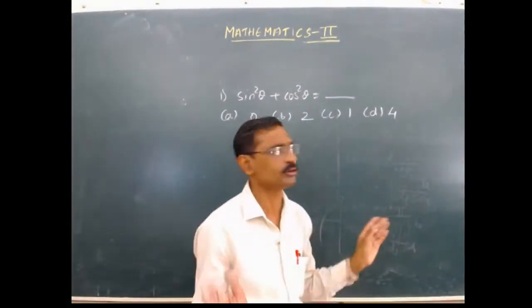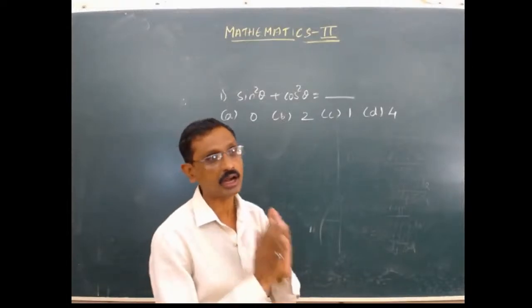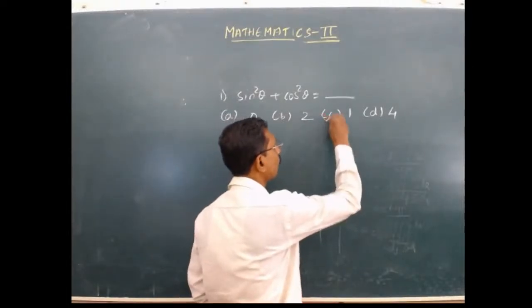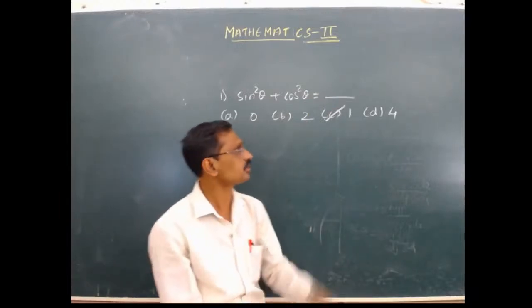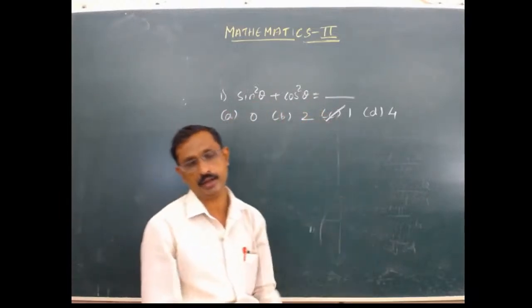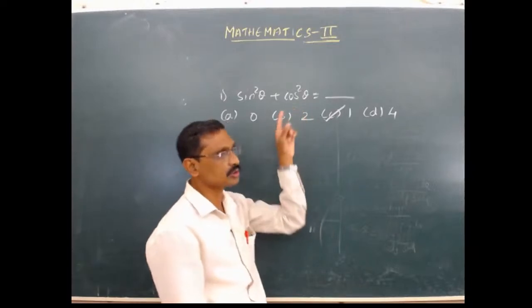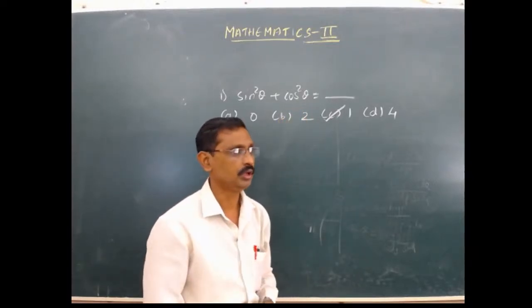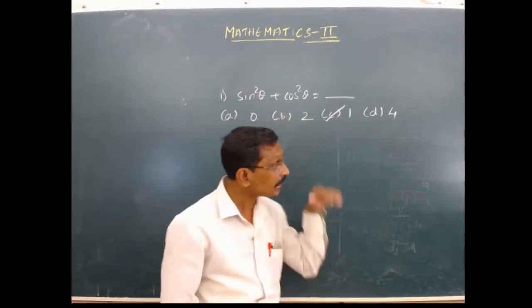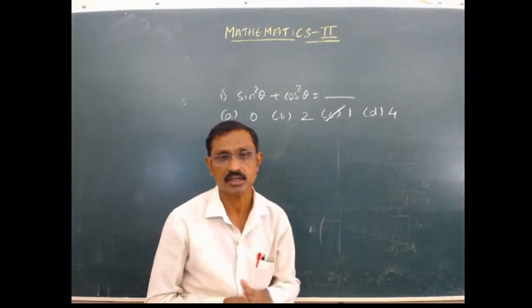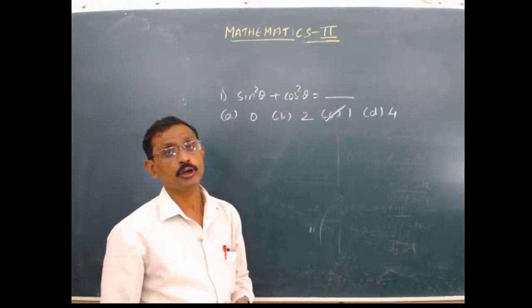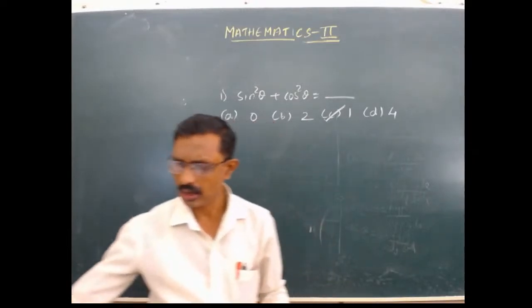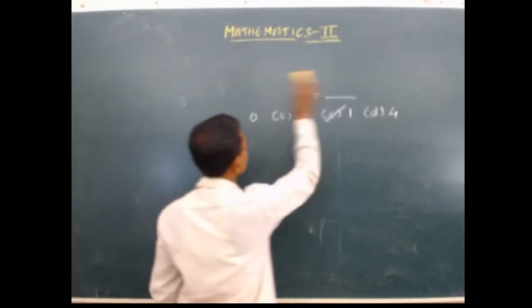We all know about it. Sin square theta plus cos square theta is nothing but 1. Right? So our option is C. Keep this identity in mind, because it is going to be very useful in solving problems at later stages. Let's move to the second MCQ and see what we have in the second one.